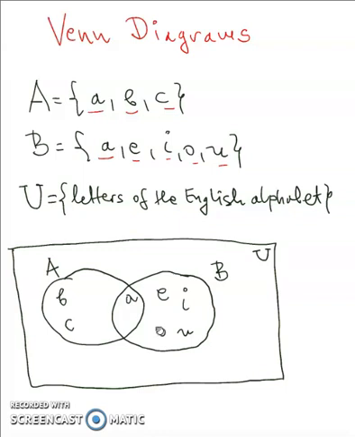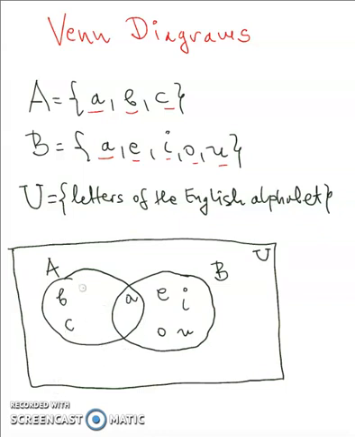And then, what's the rest of the elements? Most of the time, it doesn't really ask me what's out of those sets A and B, but it is useful to remember that the rest of the letters of the English alphabet that are not in A or B will be placed outside, so I can actually put them here.